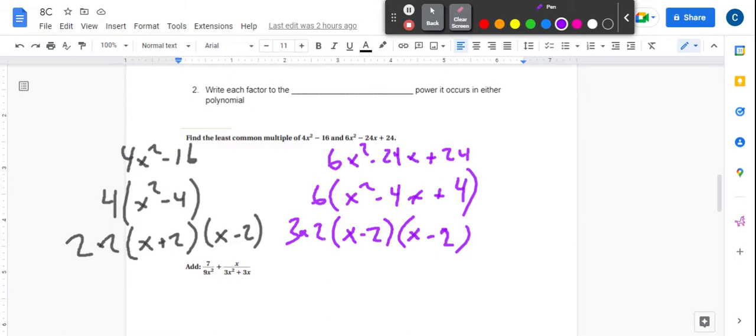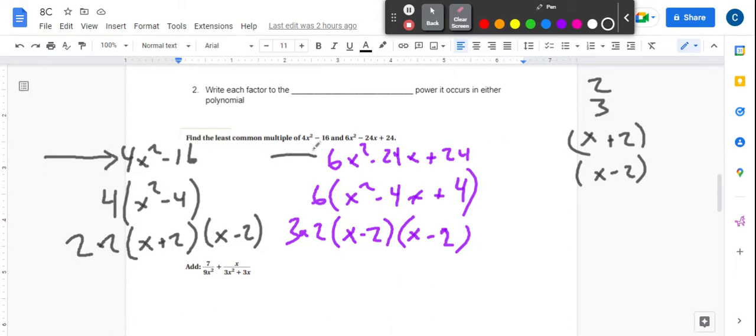We have 2, 3, and we have x plus 2, and we have x minus 2. Those are all the factors that go into these. So: 2, 2, x plus 2, x minus 2, and then 3, 2, x minus 2, x minus 2.